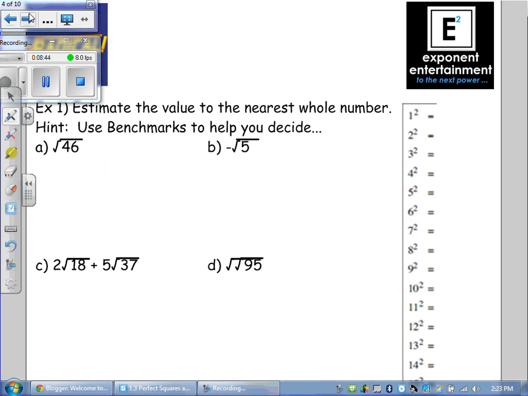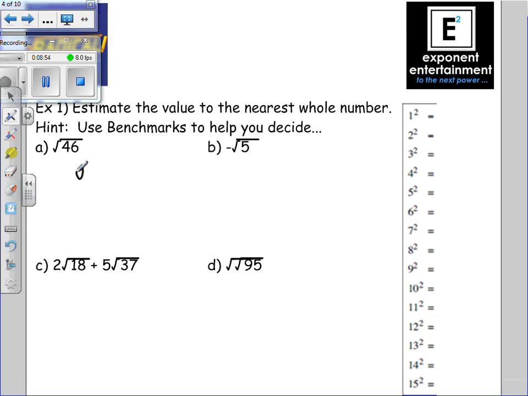So, square root of 46. You would use the square root of 49 and the square root of 36. Now, why did you pick those numbers, Matthew? Because that easily comes out to be 6, and that easily comes out to be 7.